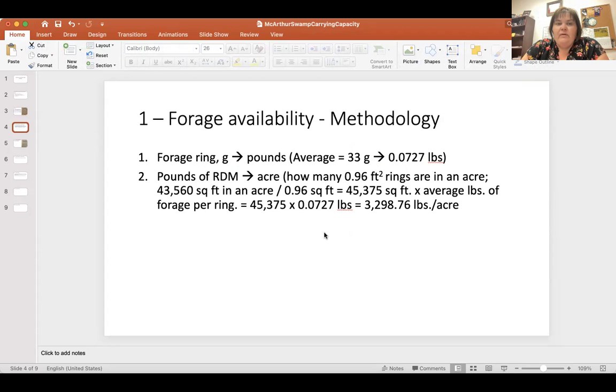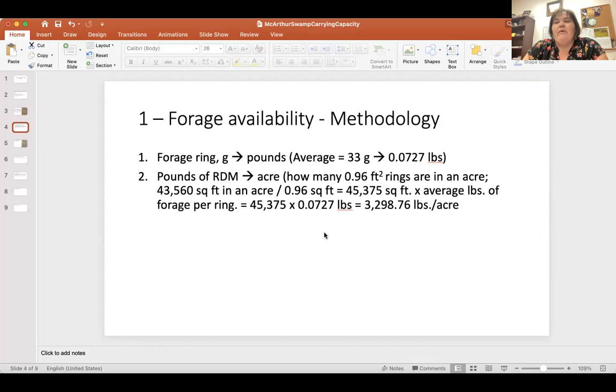Okay, so the forage ring, that yellow or orange ring that I showed you in the previous slide, it would be nice if it actually measured 1 square foot exactly, but it doesn't. It measures 0.96 square feet. And so you may be asking, well, Casey, can't we just round up to 1?